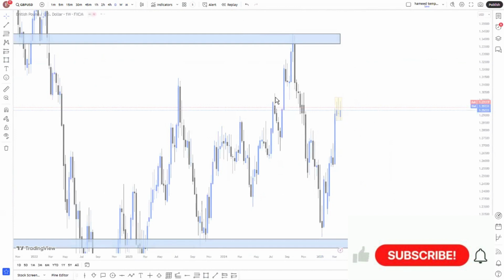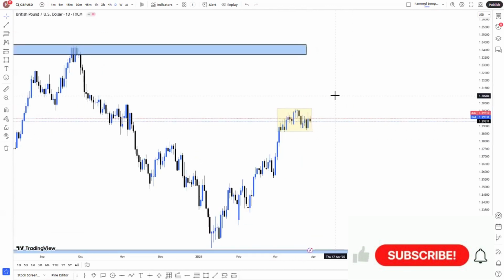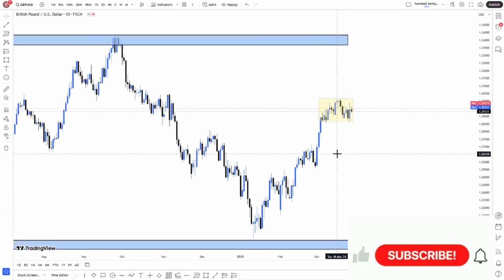This is what we are seeing here on the daily time frame. My network is very slow, which means this consolidation has been here for 3 weeks. After this consolidation, I'm expecting the market to push to the upside. But mind you, the market might come down a little bit before going to the upside. Anyhow, let's just continue our analysis.